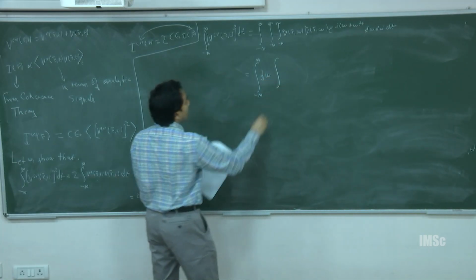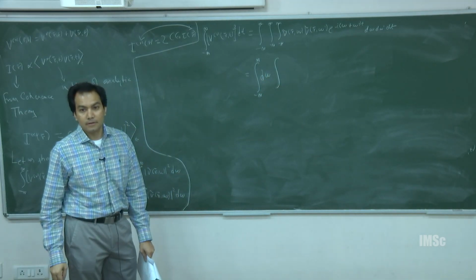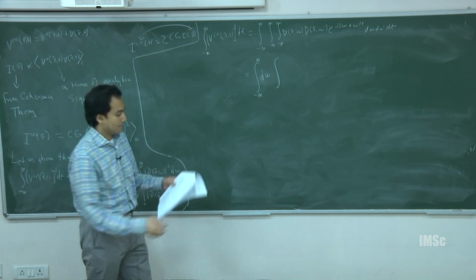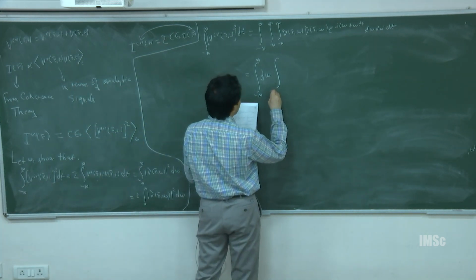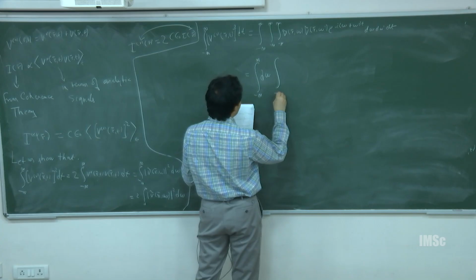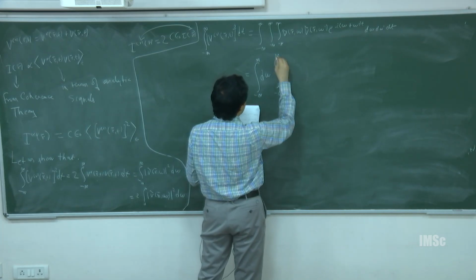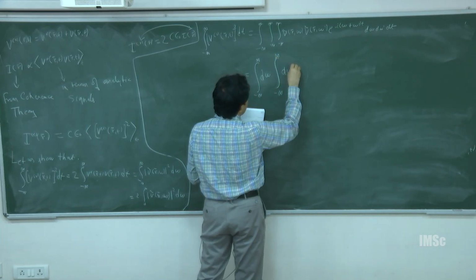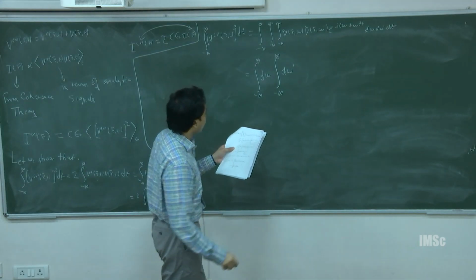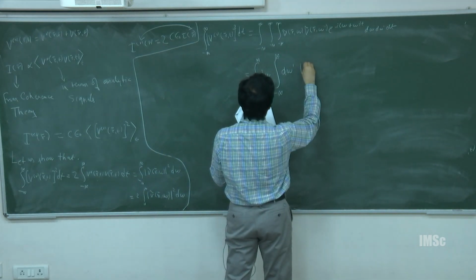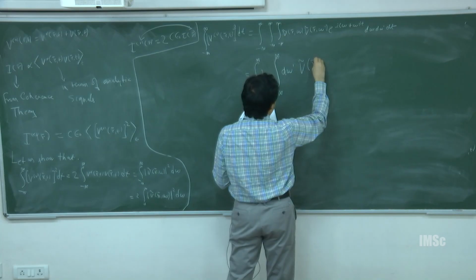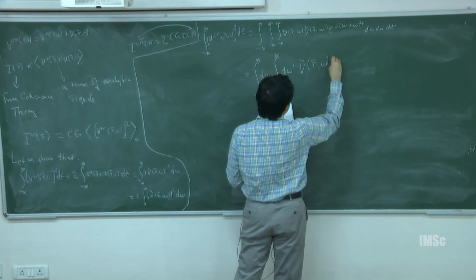Is it okay now? Yes. It's clear. Infinity is a bit small, but the d omega is fine. I hope the integrands, everything is now visible to you, right? Now it is visible. Thank you.